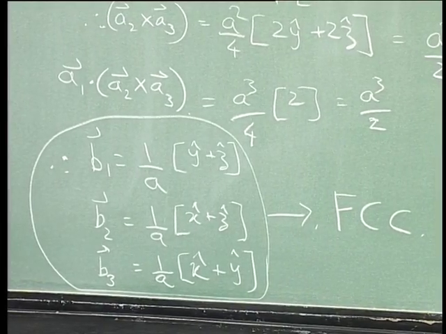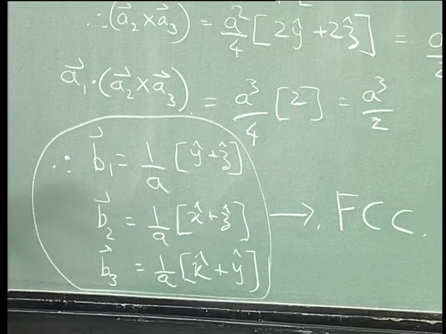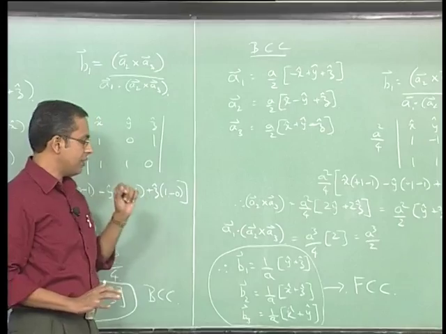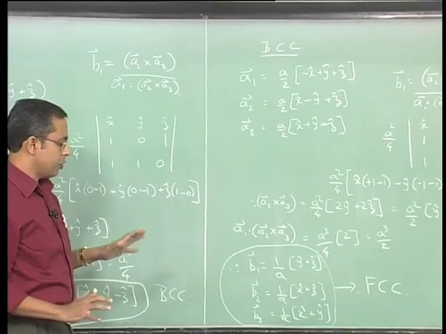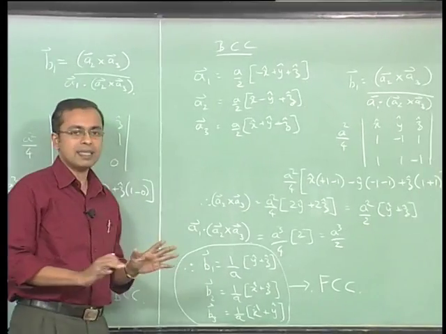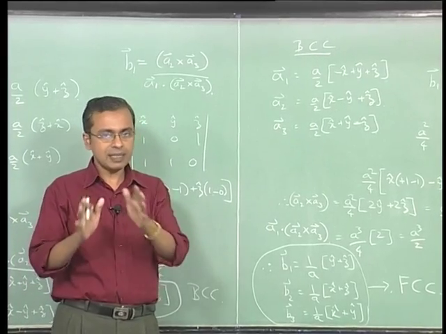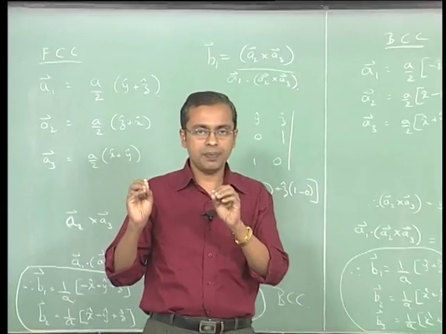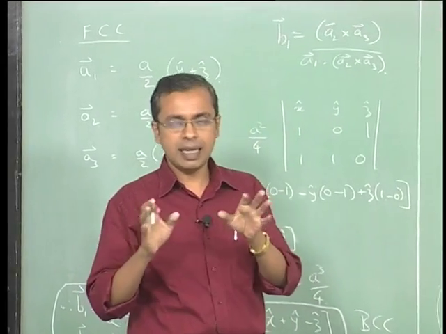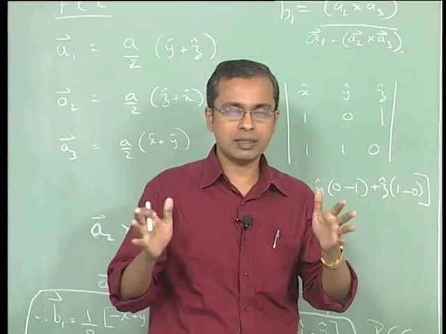So what have we done here today? We have looked at a few things. First of all, we understand that we can represent diffraction as a process. Diffraction is simply the interaction of electromagnetic waves with a periodic crystal structure.